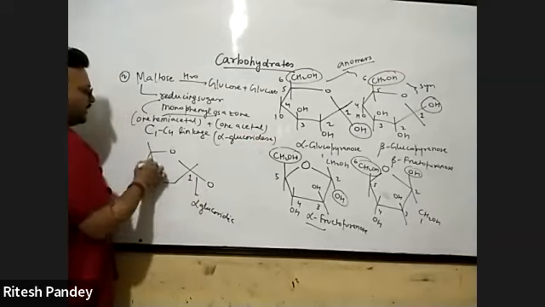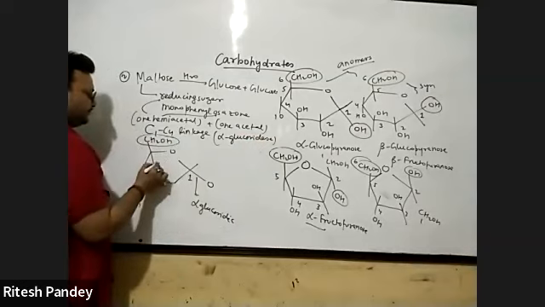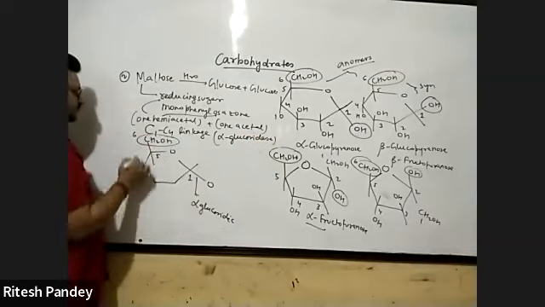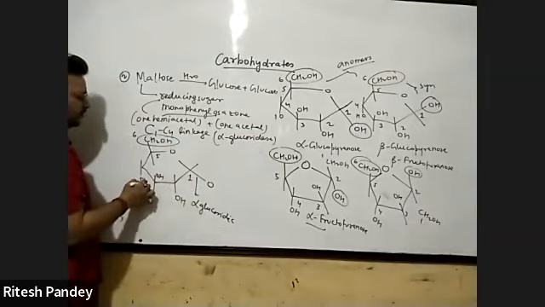Now alpha would mean at carbon 5, as usual, I want to have this CH2OH above, this is below. This OH below, this OH above, and this OH below is carbon 2, 3, and 4.